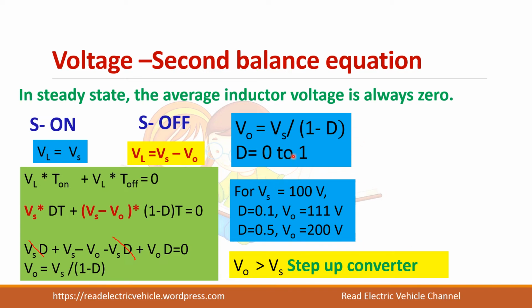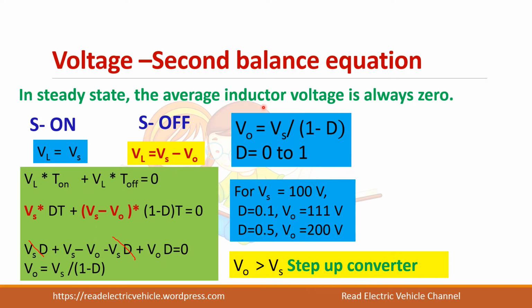Now you may get a doubt, what happens when D is equal to 1? So you substitute 1 here, 1 minus 1 is 0, so you will get infinite. But practically you will not get infinite voltage because the inductor has some internal resistance.